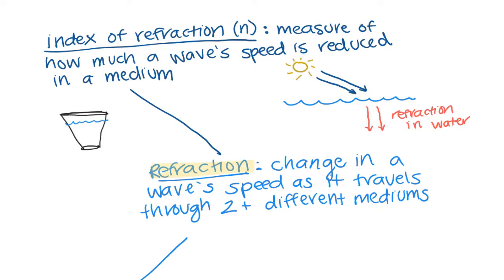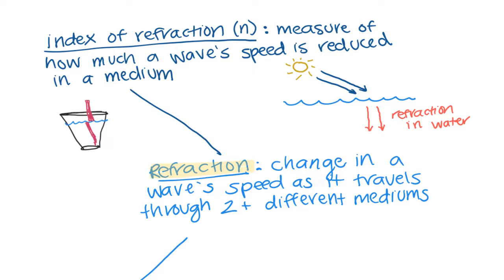Here's our cup of water, right? If you've ever placed a pencil or a pen or something in that cup of water, or even a straw, it almost looks like it's changing position. It looks different, like it's in a different position underwater than it does above water. That is an example of refraction. That's a result of the change in light's speed from air into water, right?